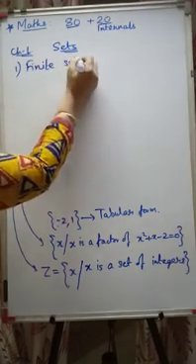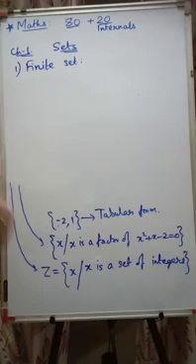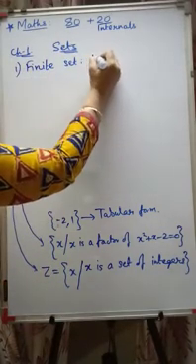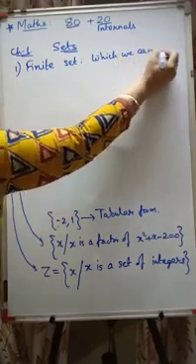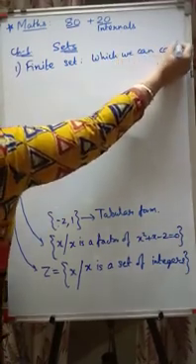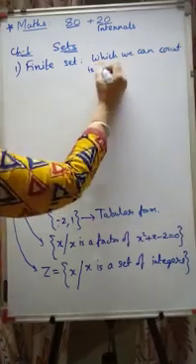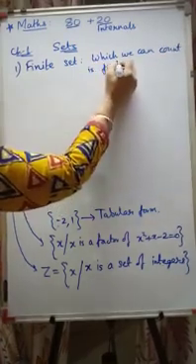What do you mean by a finite set? A set whose elements we are able to count is a finite set.